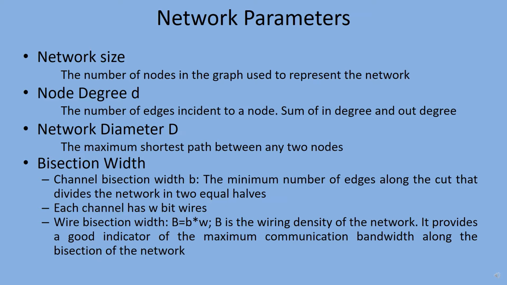Then the wire bisection width is B equal to b times w. This parameter B reflects the wiring density of a network. When B is fixed, the channel width w is equal to B divided by b. Thus, the bisection width provides a good indicator of the maximum communication bandwidth along the bisection of the network.